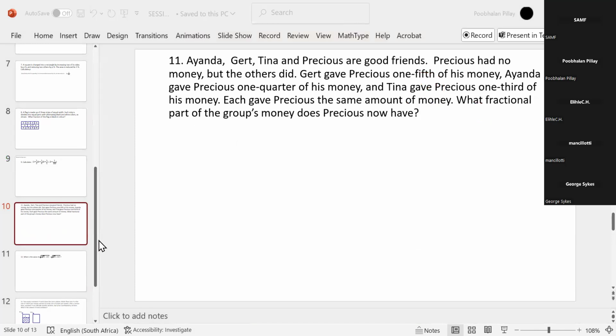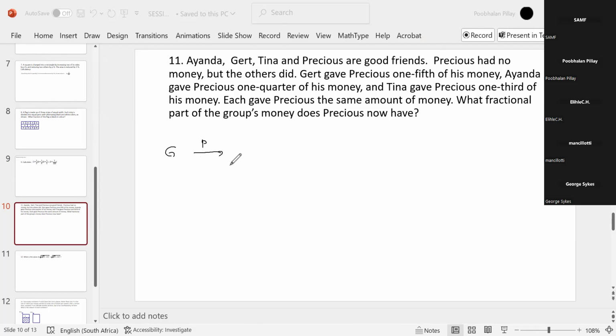Okay, Ayanda, Khert, Tina, and Precious are good friends. Precious had no money, but the others did. So Khert gave Precious 1/5 of his money. Ayanda gave Precious 1/4 of his money. So let's just write this down. We'll put G. What did he do?